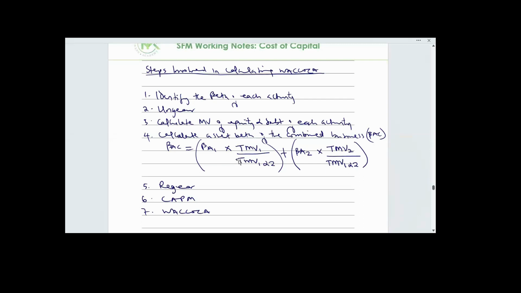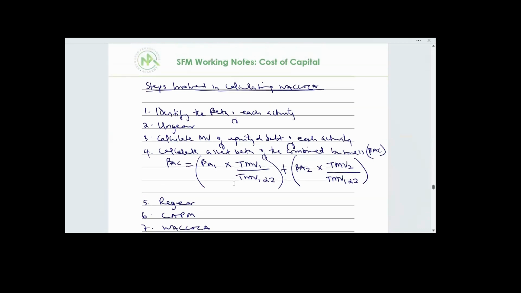I did not give you formulas for step 2, step 3, step 5, 6, and 7 because it's something we have done. It's the same formula, and that's why I ignored it. However, when you look at the material you have, you see the formula there as well. So at this point, we can proceed to solve an illustration to demonstrate how to calculate weighted average cost of capital of the combined activities.